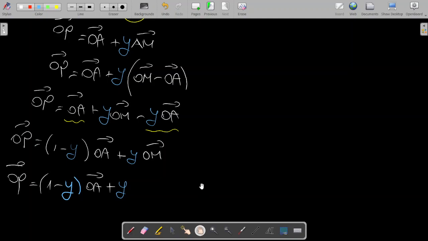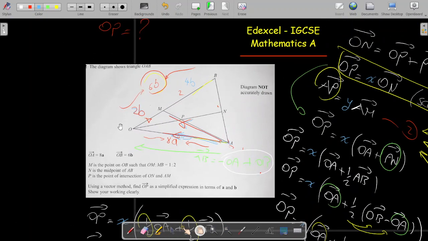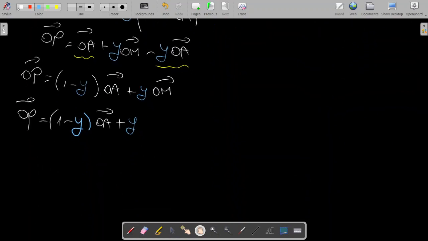Look at the OM. OM is representing 2B, but I needed to understand that this 2B is actually the third of what? The whole thing. So it's the third of OB. This is the form that I need right now. So Y is going to be multiplied in OM, and OM is actually nothing but the third of OB vector. Okay?